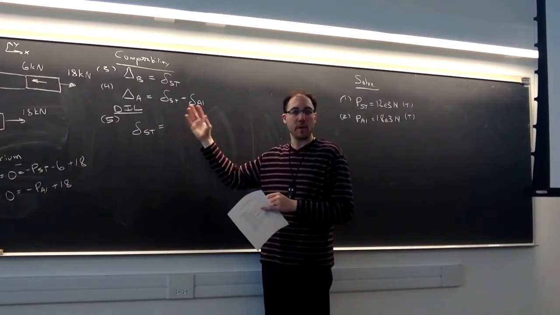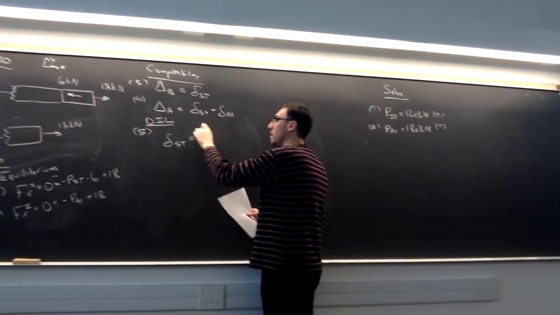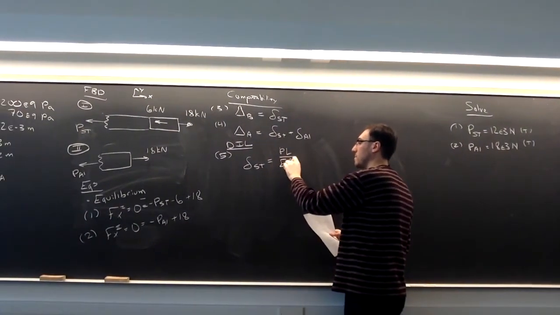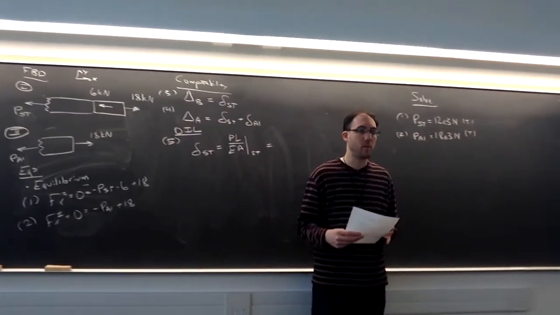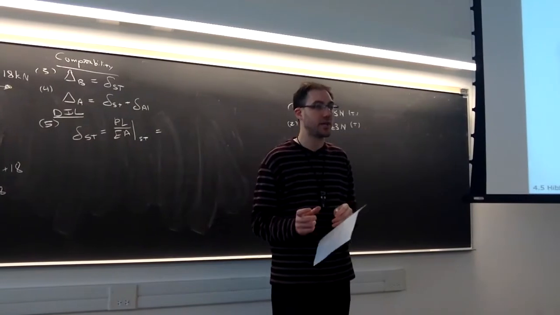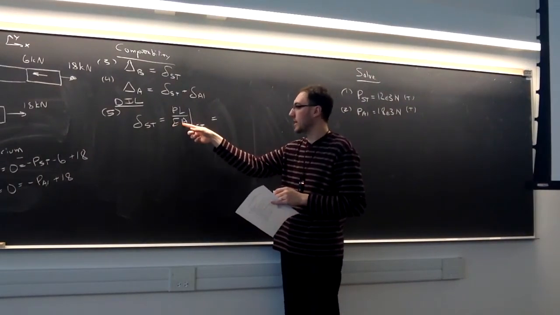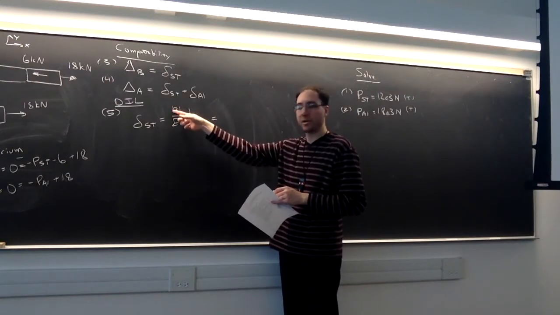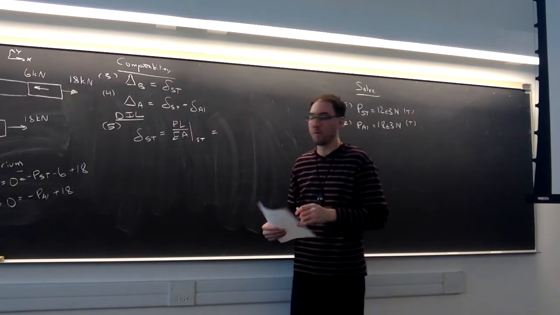But otherwise, we only have to include the mechanical deformation, which will be the PL over EA. But we want to keep in mind that we're evaluating it only for this section. So we have to use that section's Young's modulus, that section's cross-sectional area, that section's internal load, and that section's length in this calculation here.